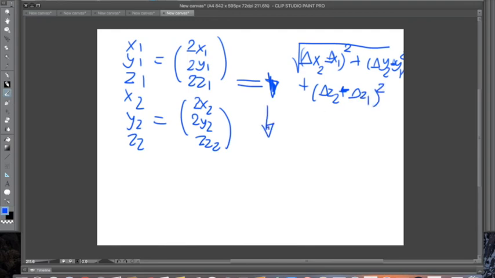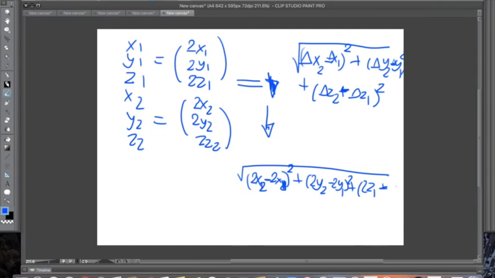So it will be this form: 2x2 minus 2x1 plus 2y2 minus 2y1 plus 2z2 minus 2z1. So the two of this are equal.